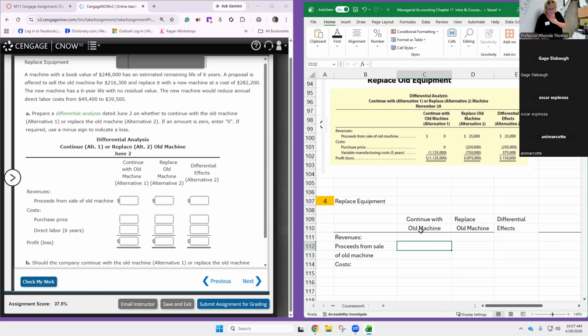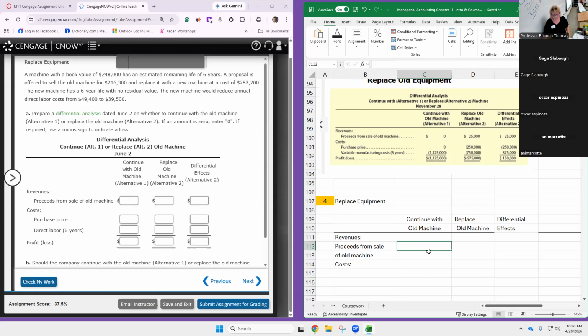So if we sell it, right? Proceeds from the sale of the old machine. Well, if we're keeping it, there is no revenue, right? So the only scenario where we would actually sell the machine is the replace alternative.